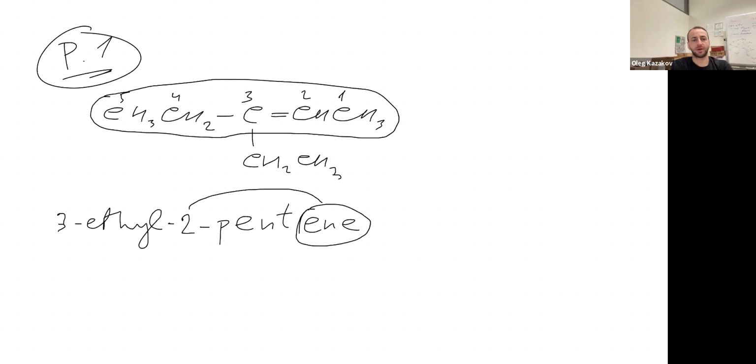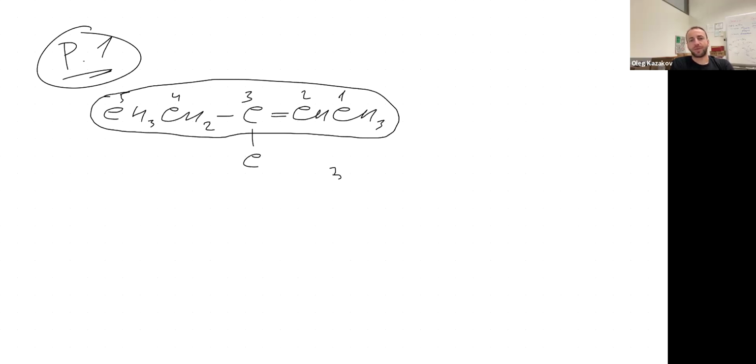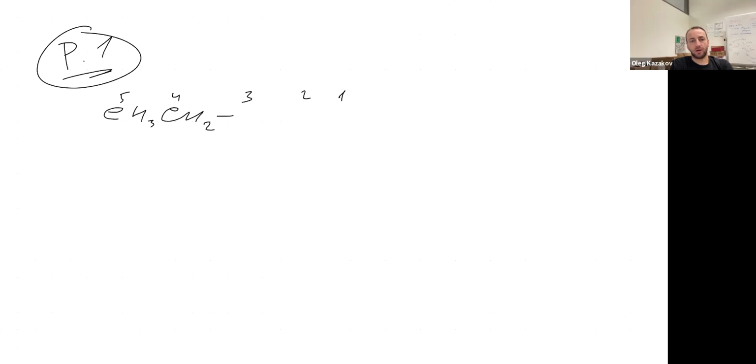All right, great. So again, numbering, substituents, position of the double bond. These are pretty much the most common things in naming we have for our considerations. Now let's move on to other cases, such as another alkene here.